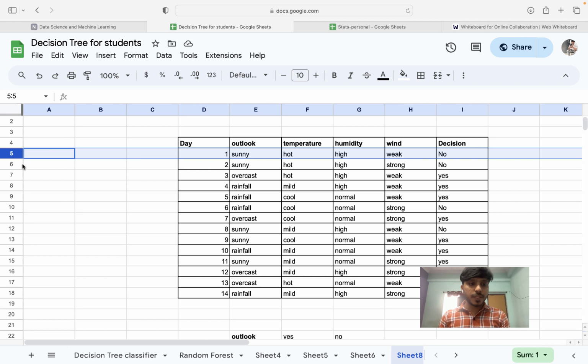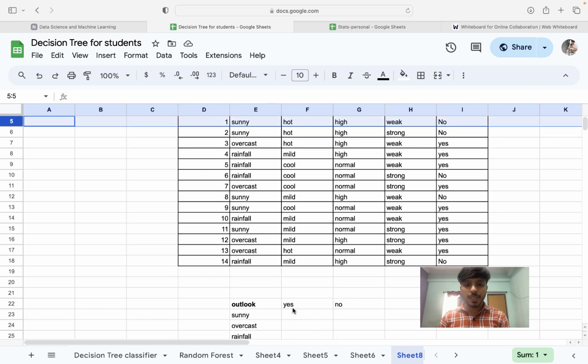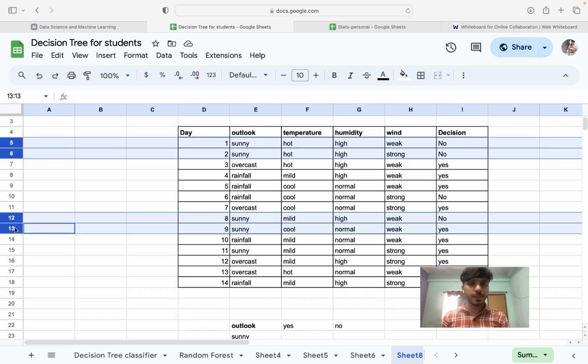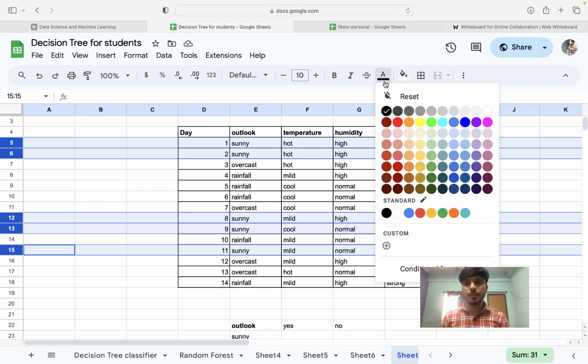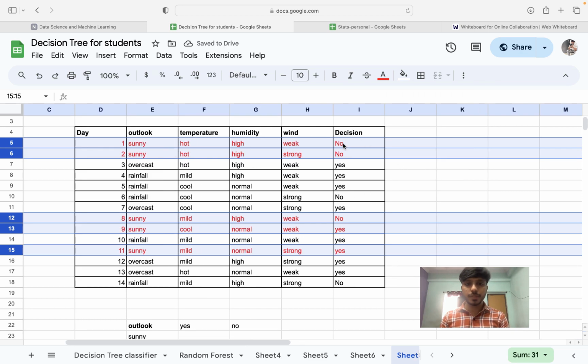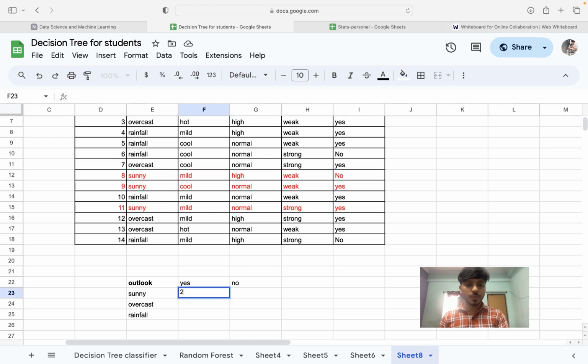For sunny, I need to calculate how many yes and how many no correspond to it. I'll pick sunny rows 1, 2, 3, 4, 5. These are the sunny rows. Let me color them so that it's easier for us to count the no's. 1, 2, 3: 3 no's and 2 yes's. So 2 yes and 3 no's.